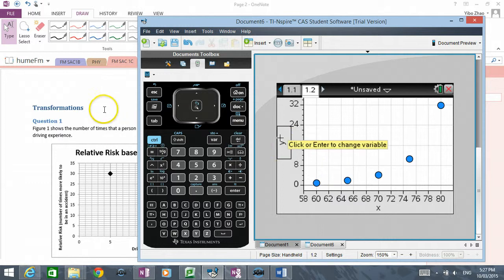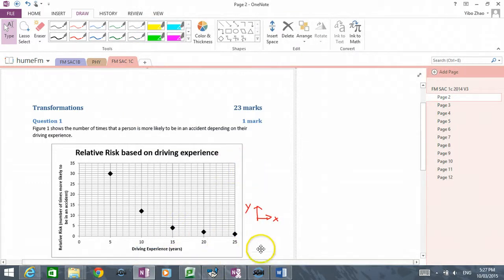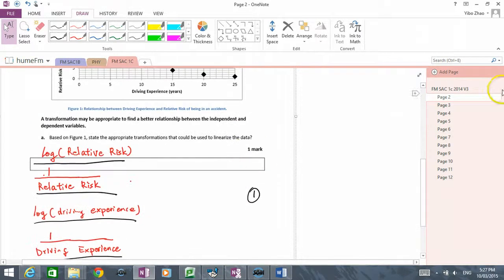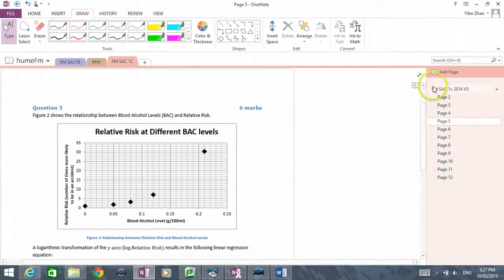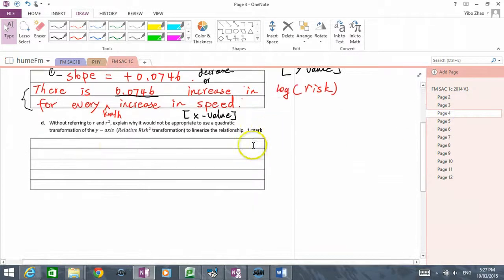Now, what does the transformation of y square, or risk square, do? Let me write it down. Relative risk is y, and risk square is y square in this case.